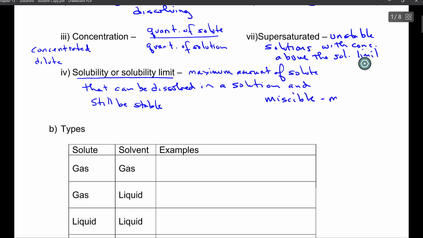This means mix in any proportion. Now there's also the word immiscible, I-M-M-I-S-C-I-B-L-E. You hear that a little bit less, but in an immiscible solution, you can't mix it in any proportion. So miscible means any proportion of solute and solvent can be put together, and immiscible means at any combination you can't make a solution.